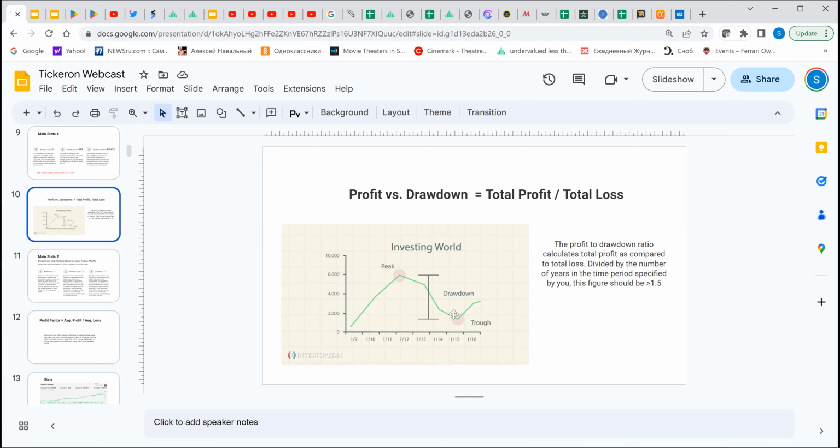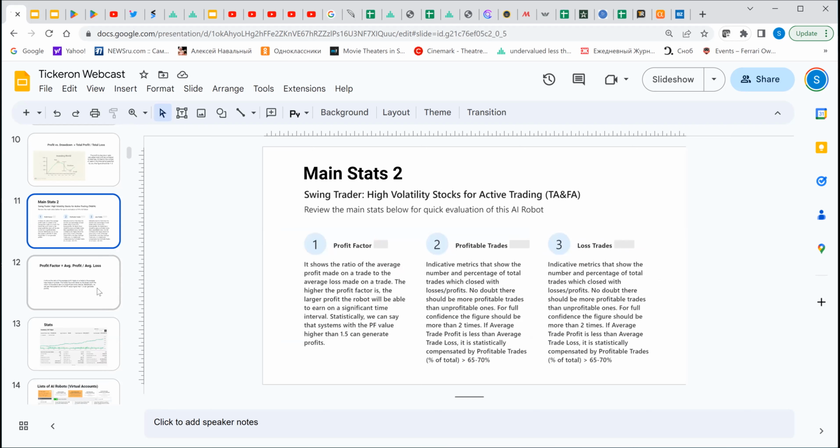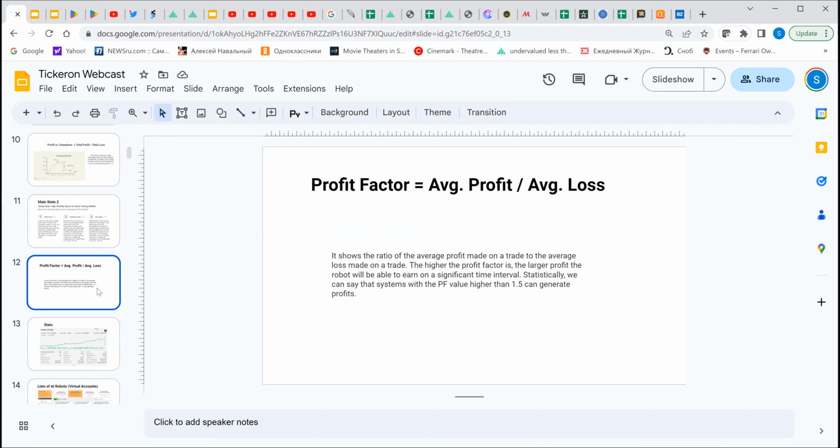So your drawdown should be as low as possible. Profit factor already explained. What is the profit factor? It's average profit versus average loss, and it should be 1.5 or greater.